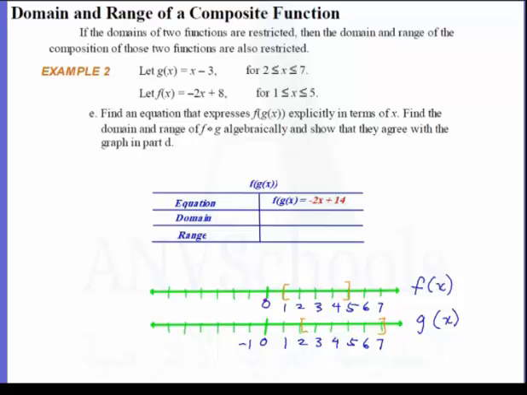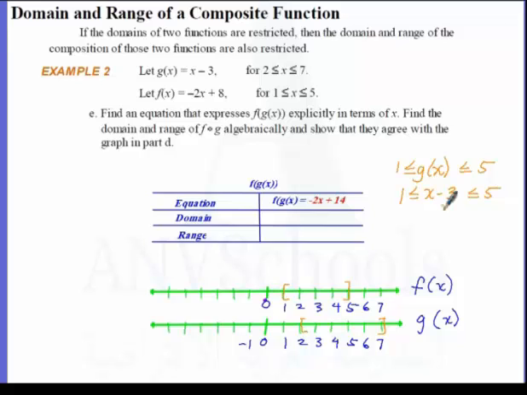But remember that when we do the f of g of x composite function, our g of x would be contained in our domain for f of x. Now our g of x is equal to x minus 3, so we have to have something like this expression.